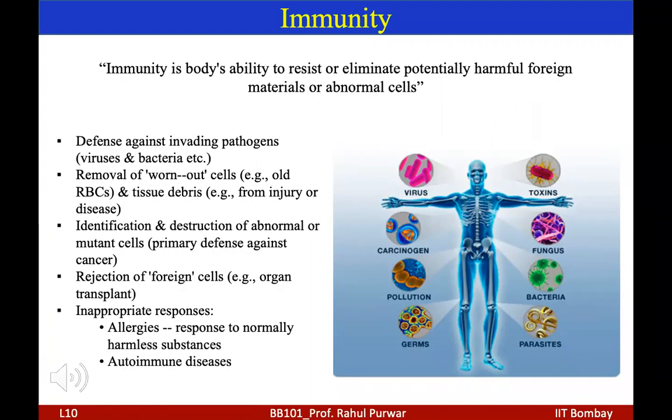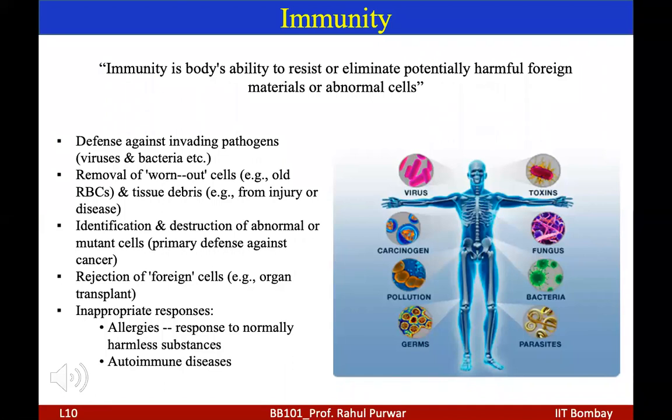That hyperactivation can happen because of harmless antigens or material. For example, pollen. Many of you have noticed that whenever there's a pollen season, we all get allergies. So allergy is hyperactivation of the immune response against a harmless antigen or material.